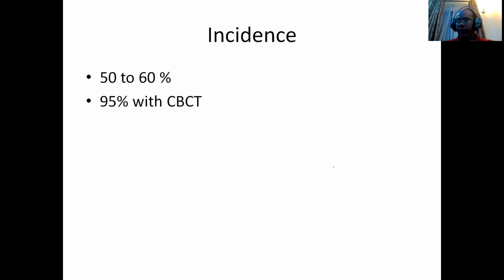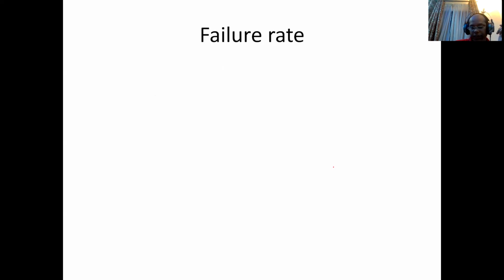So if you prepare the main mesobuccal canal properly, there may be no failure, but failure may occur anytime. Importantly, it should be explored, treated and filled like the main buccal canal. That is more important.